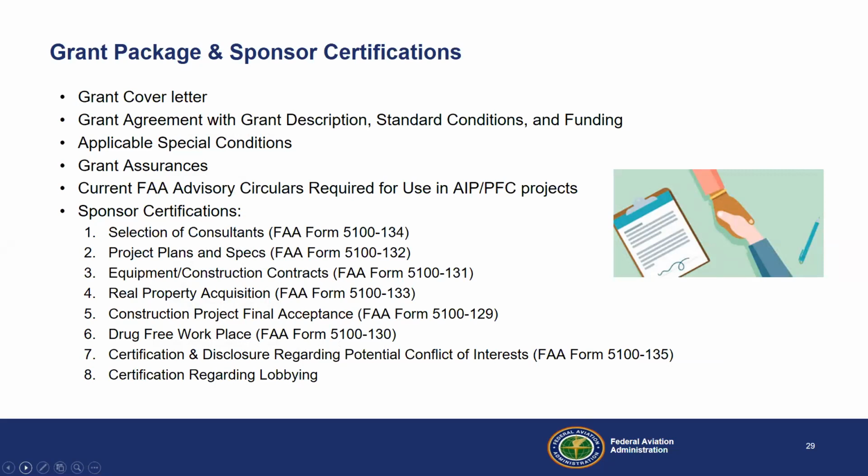These used to be 3 versions of pieces of paper: a grant letter, the grant agreement, which was about 40 pages, the applicable special conditions, the grant assurances, which is generally about 30 pages, all of our current advisory circulars, and then any number of the sponsor certifications. That all includes your grant package and your sponsor certifications.